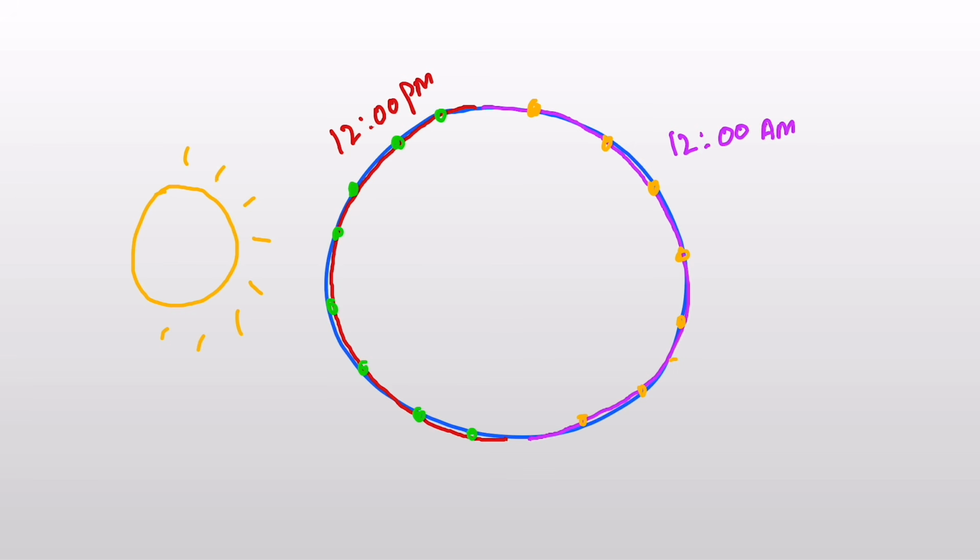So if I look at this meridian over here, the time on this meridian with respect to the sun's position will be the local mean time at this meridian. The time anywhere on this meridian, let's say it is 1500 hours. So 1500 hours will be the local mean time on this particular meridian.